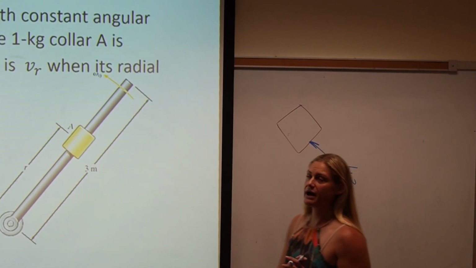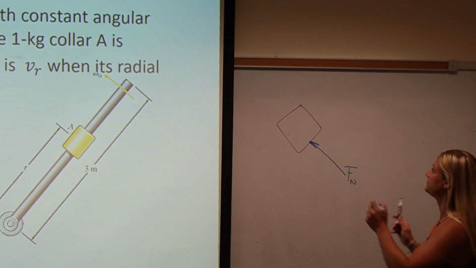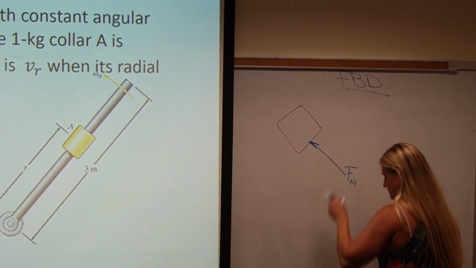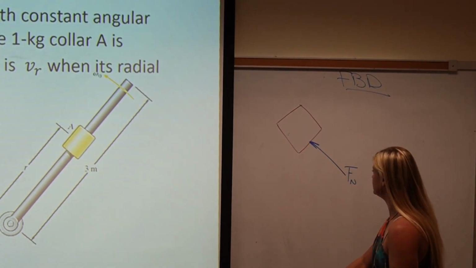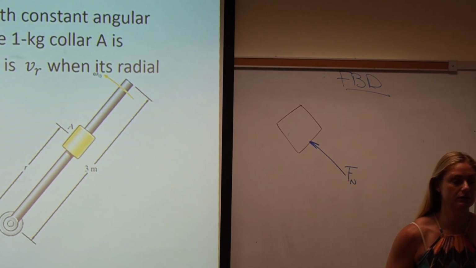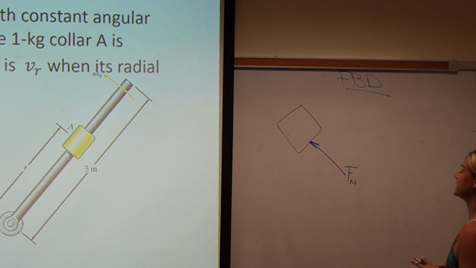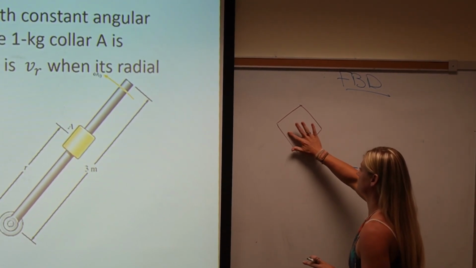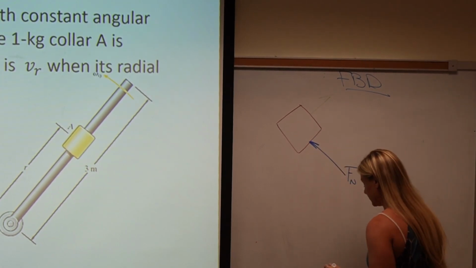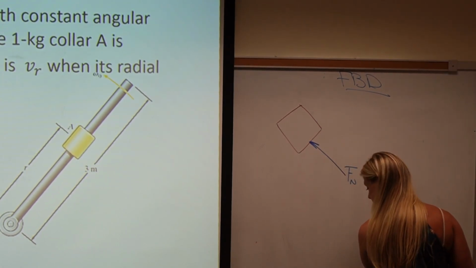No. What else am I going to include in my free body diagram? A free body diagram includes kinematics and kinetics. What am I showing right now? Kinetics. Right now I'm showing kinetics. Where's my kinematics? I'm writing in green again and you can't see green.